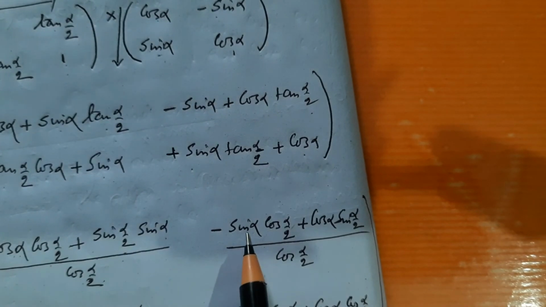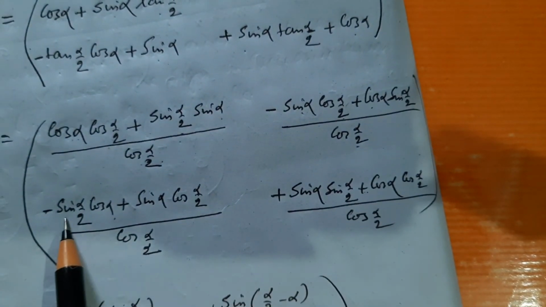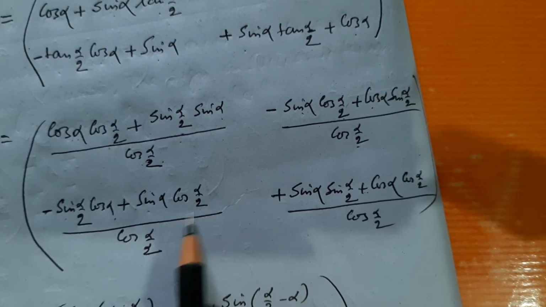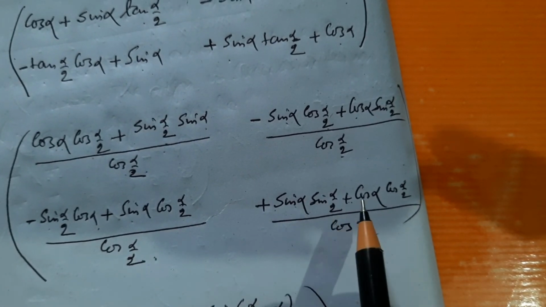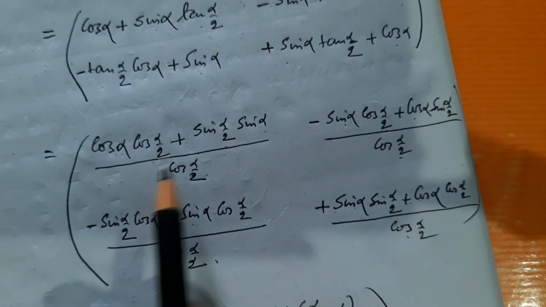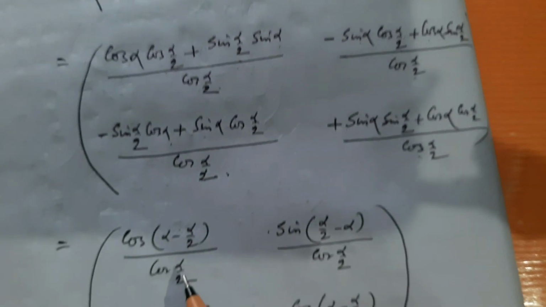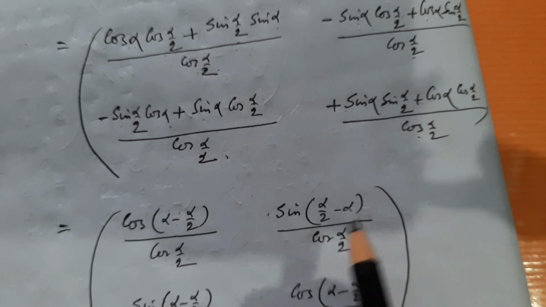Similarly, this is minus sin alpha cos alpha by 2 plus cos alpha sin alpha by 2, by cos alpha by 2. Here, minus sin alpha by 2 cos alpha plus sin alpha into cos alpha by 2, by cos alpha by 2, and sin alpha sin alpha by 2 plus cos alpha cos alpha by 2, by cos alpha by 2. So here, cos A cos B plus sin A sin B is cos of A minus B. So cos of alpha minus alpha by 2, by cos alpha by 2.